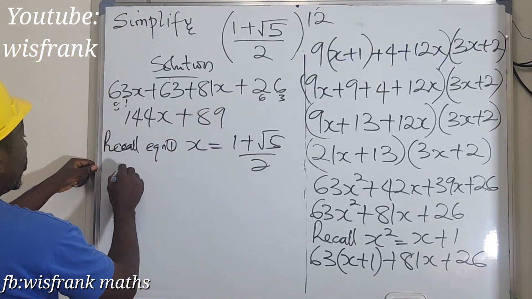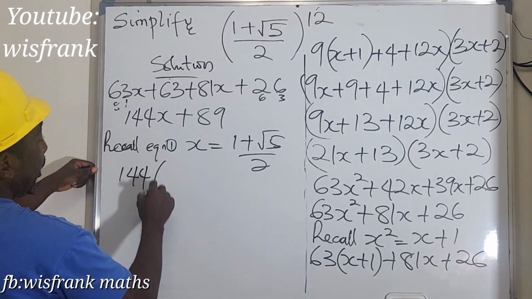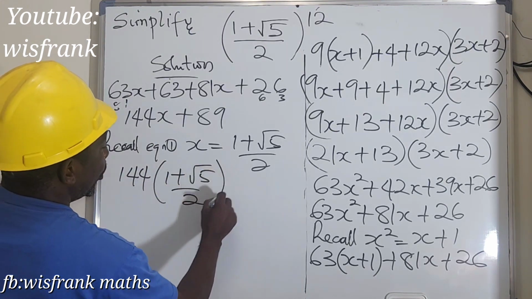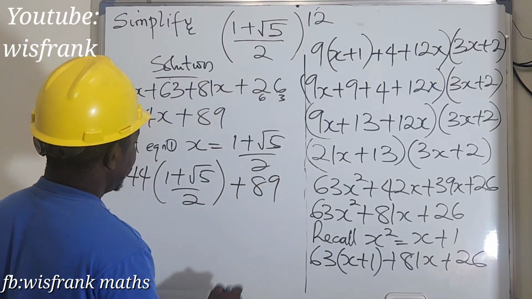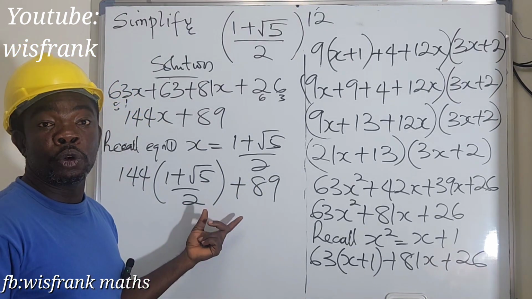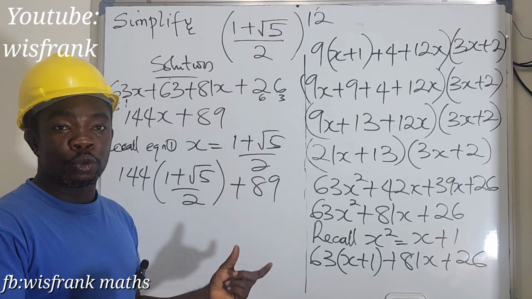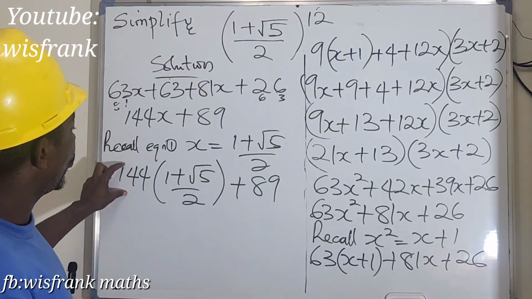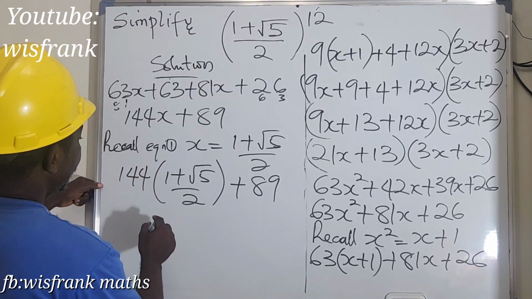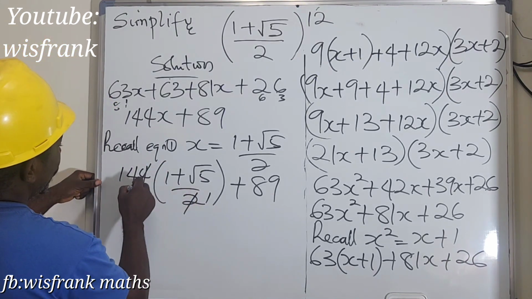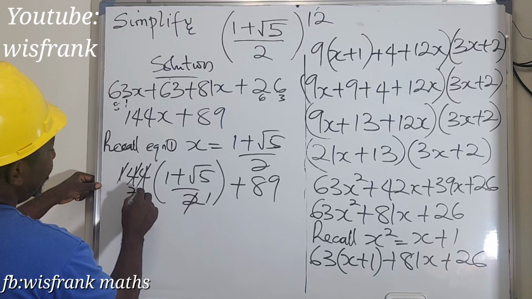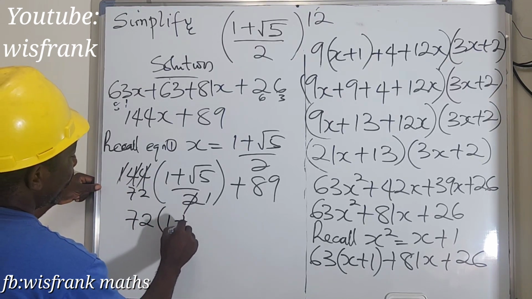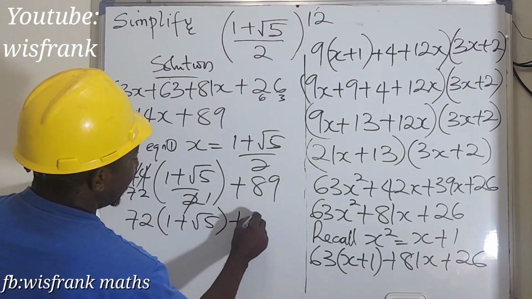So that will become 144 into 1 plus root 5 all over 2 plus 89. So here we have been able to do away with x and x squared. So we have numbers now. So when we multiply this, the 2 will cancel, 144 divided by 2 gives us 72. So this will become 72 into 1 plus root 5 plus 89.